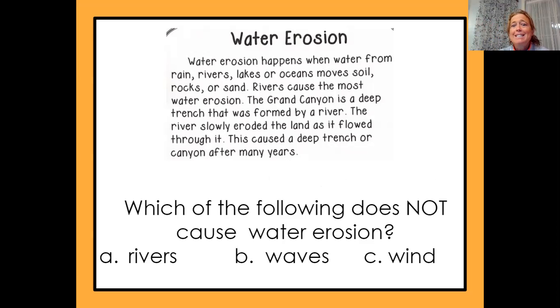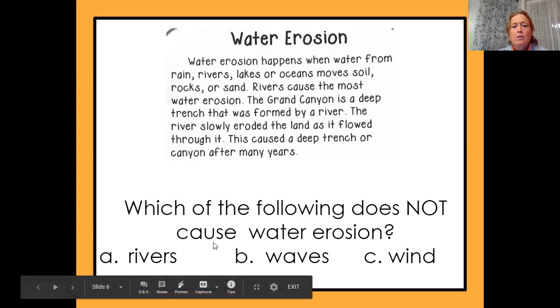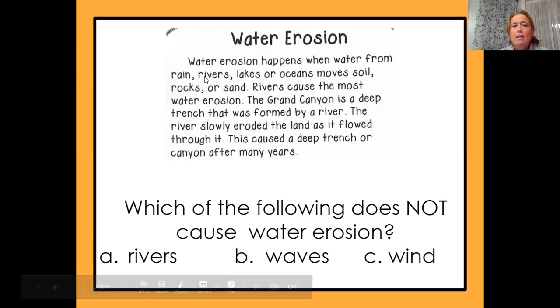Which of the following does not cause water erosion? So it says rivers, waves, wind. Okay, so let's go back up. It says water erosion happens when water from rain, rivers, lakes, or oceans moves soil, rocks, or sand. Well, we know that it has to be water, right?